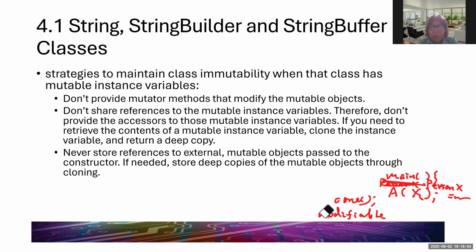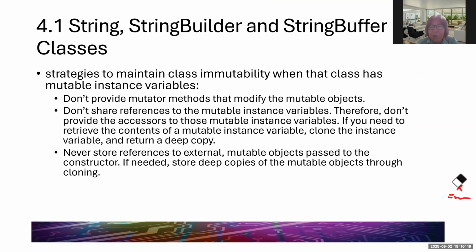Just keep in mind, when we have an instance variable whose type is an object of our own classes, mutator and accessor, including the constructor, we need to be careful.